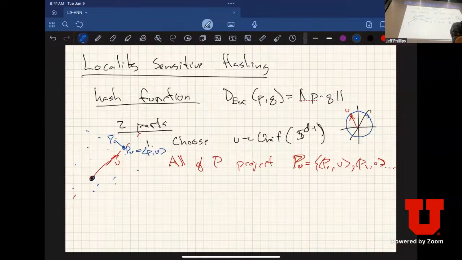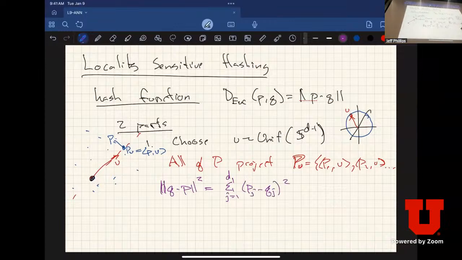One way of thinking about why this would be true is if I look at the distance between Q and P, and let's just write down the squared distance. What is this going to be? It's the sum from J equals 1 to D of (PJ minus QJ) squared.